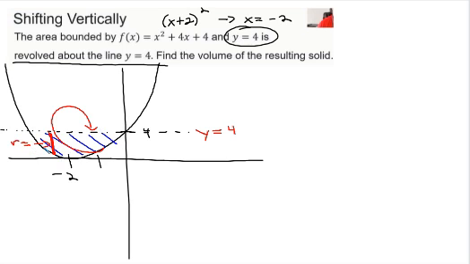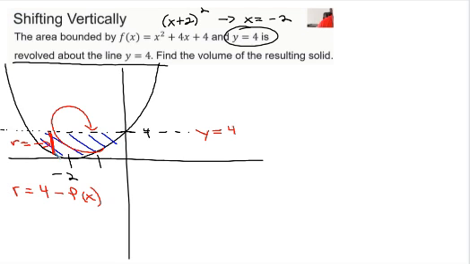So once again, we have to do subtraction to get the radius. This one's a little bit easier, I think, than the last one. The radius is 4 minus the function. We have to subtract out the function value to get this radius.